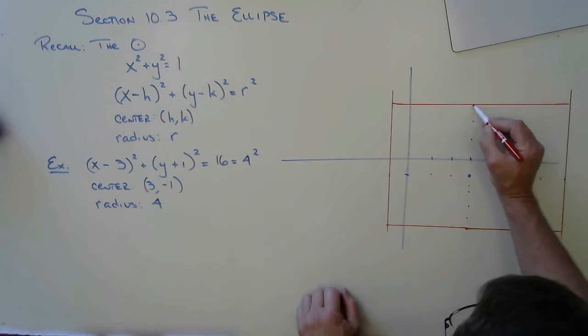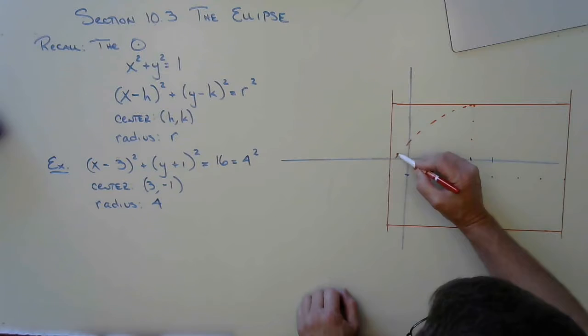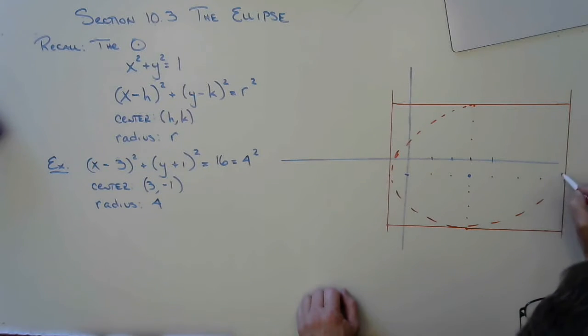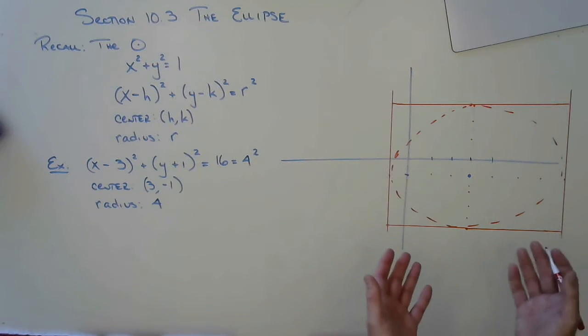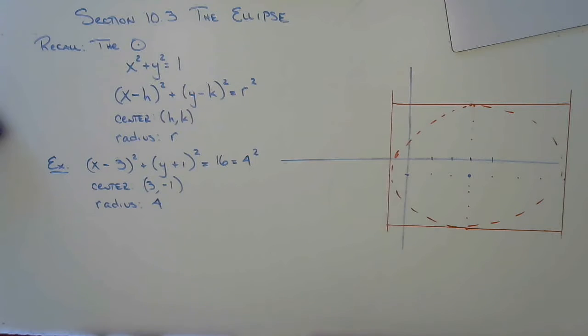And then we said if we drew arcs that went around like this, we would get a circle. But that's a terrible circle. In fact, it looks more like an ellipse, because I drew a terrible circle.